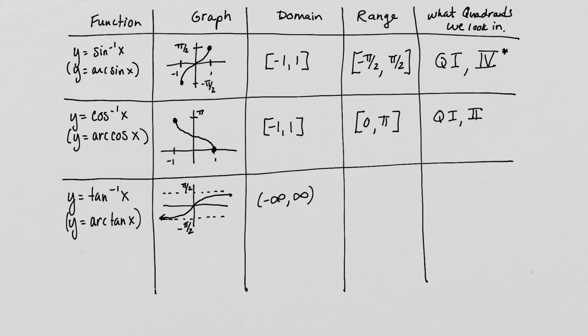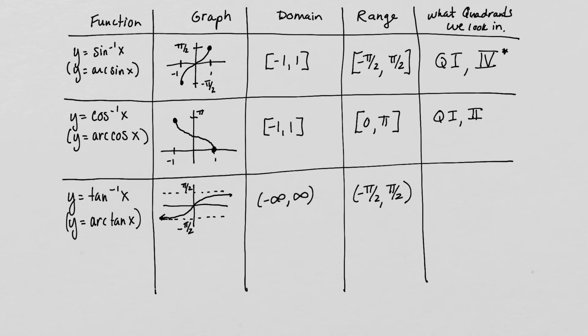I can put anything I want into the inverse tangent function, but the stuff I get out is minus pi over 2 to pi over 2. I don't have the square brackets because we never quite get to the minus pi over 2 and the pi over 2. We get really close, but we just don't quite get there.